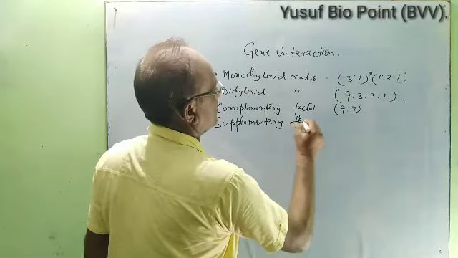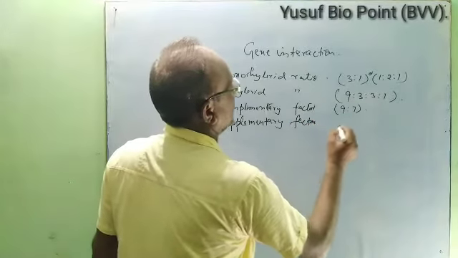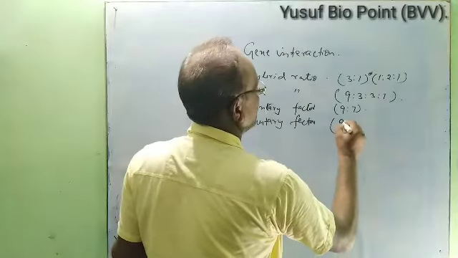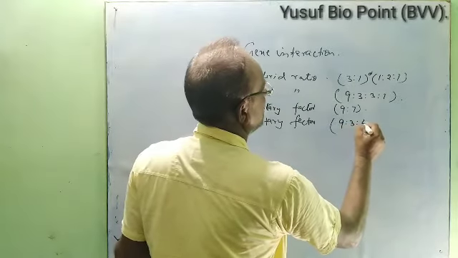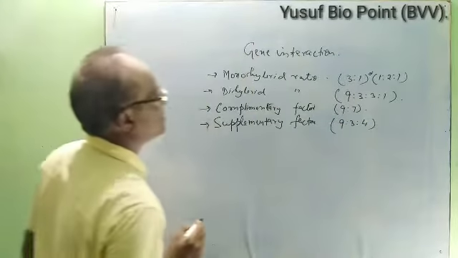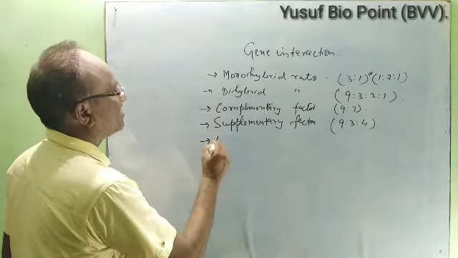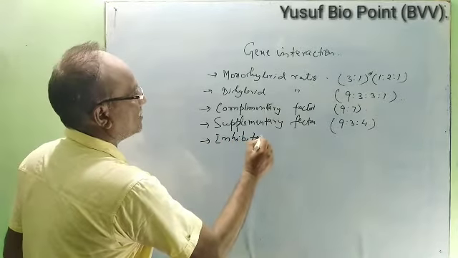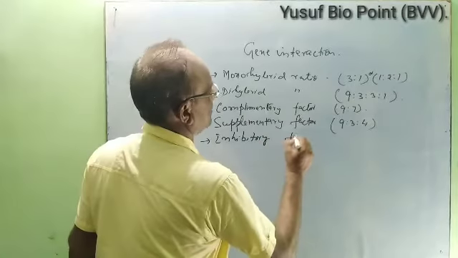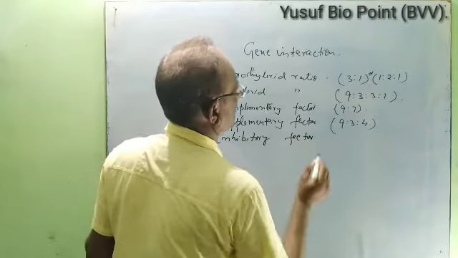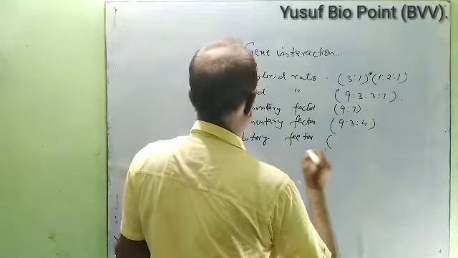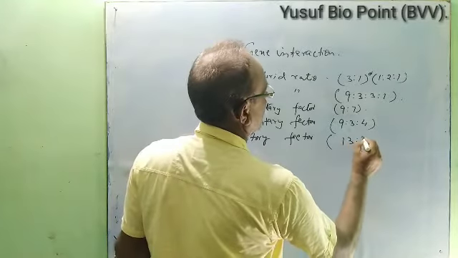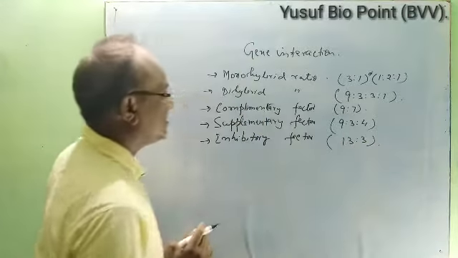Supplementary factor, that is 9:3:4. Inhibitory factor, that is 13:3.